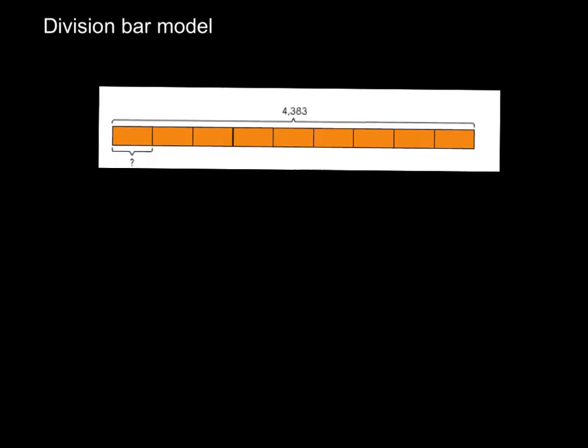Now we're going to look at the division bar model, which looks very similar to the multiplication bar model. Again, here, all of my pieces in my total bar are the exact same length. If I want to think of it as a multiplication problem, I count the number of pieces. There are 1, 2, 3, 4, 5, 6, 7, 8, 9. So 9 times my question mark should equal the total value of my bar.